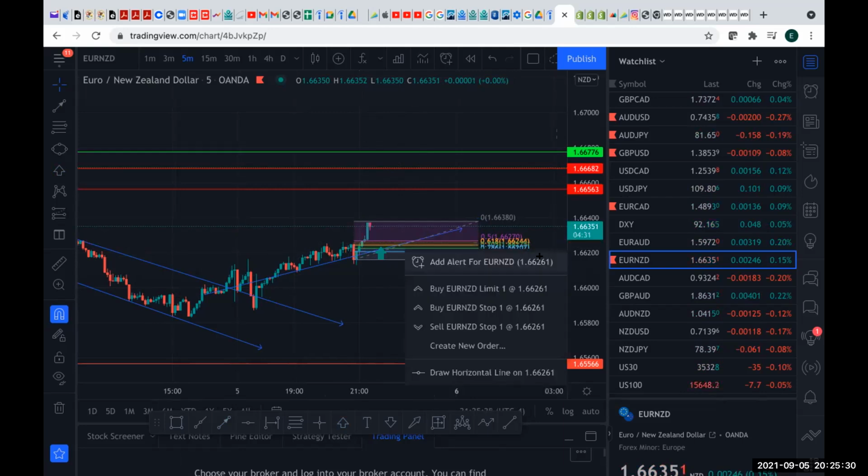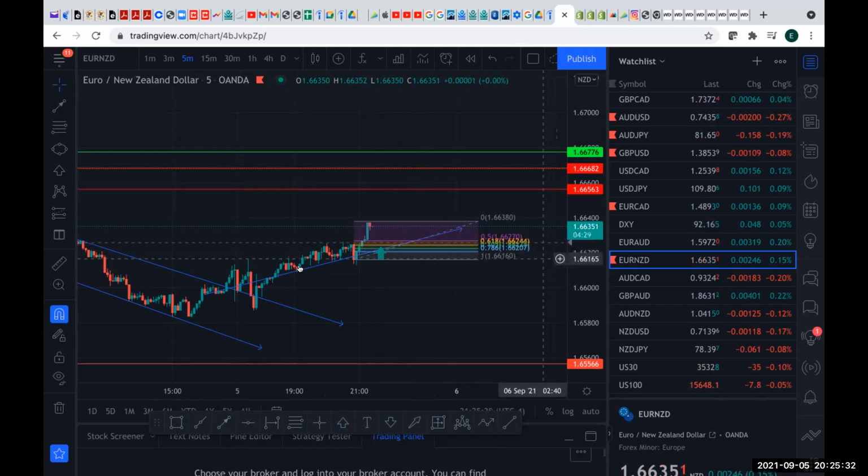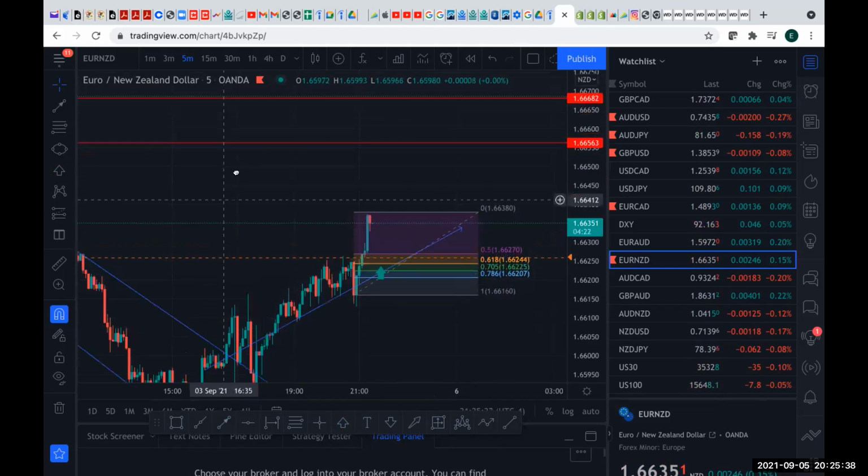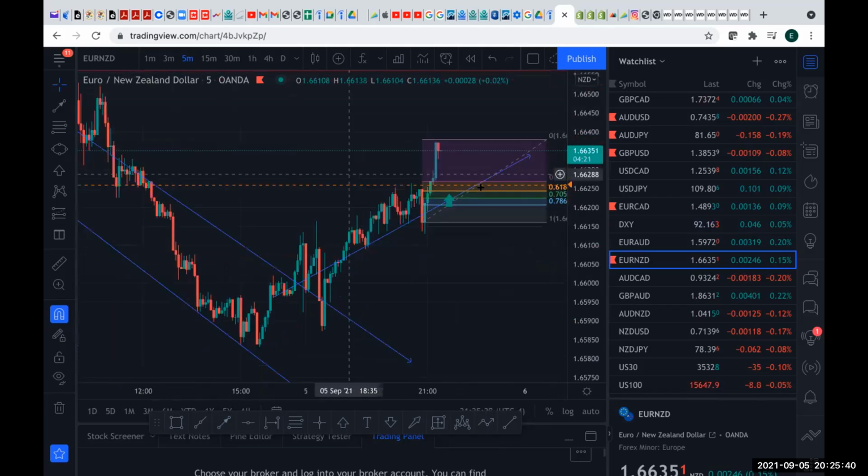And another confirmation for me would be I would look left to see if the market has come down to this area before. So basically, let me make it bigger so you guys can see it. My 618 zone is at 244. I got my dotted line now. I can look left to see if the market ever came to 244. I can see right here on my screen that the market has come to 244 right there, respected it here, came close.